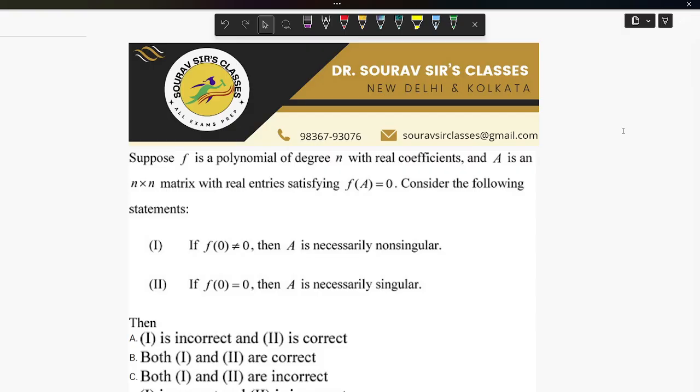Statement 2: if f of 0 is equal to 0, then A is necessarily singular. Option A says statement 1 is incorrect and statement 2 is correct. Option B says both statements are correct. Option C says both statements are incorrect, and option D says the first statement is correct and the second statement is incorrect. So what can be done with this?